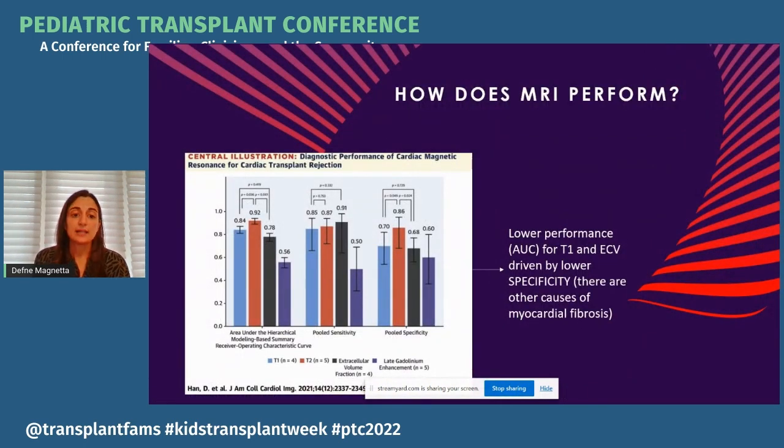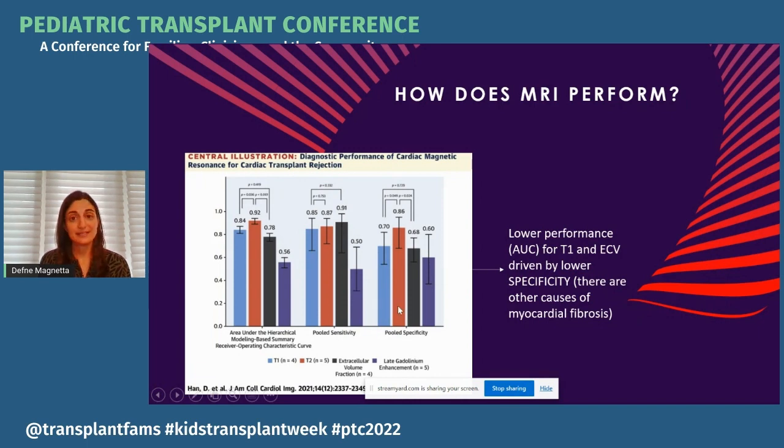And then this was a meta-analysis by the adult centers that basically took a lot of these big studies and put them together to say, if you pool all that data, how does MRI perform in all of these parameters? And it pretty much confirms what has already been shown, but just a little bit more detail, that if you look at the sensitivity of T1, T2, ECV, and late gadolinium enhancement, really those first three have pretty good sensitivity for rejection, late gadolinium not so much.